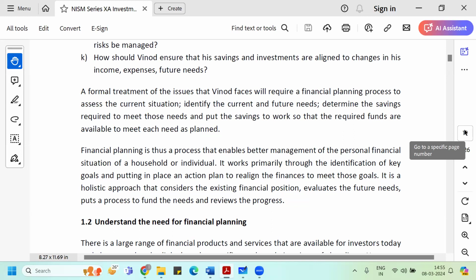Certain things are very uncertain in life. We cannot predict everything when it comes to working on responsibilities, and when it comes to identifying the key goals and putting them in place so that we can meet our goals in life. These are goals which may or may not be pre-forecasted.